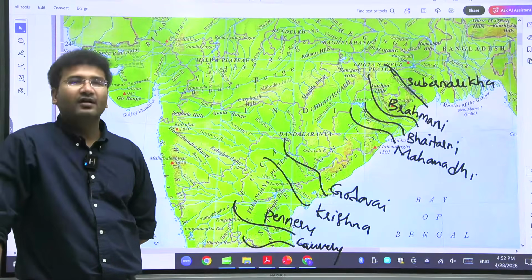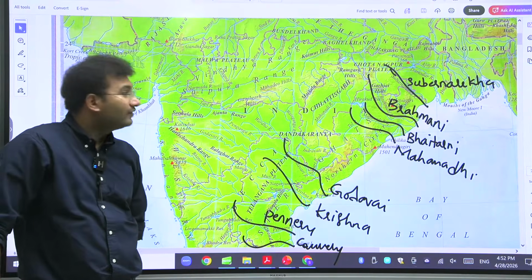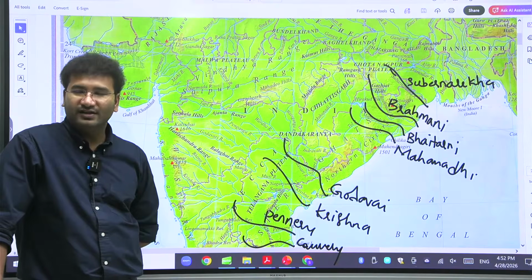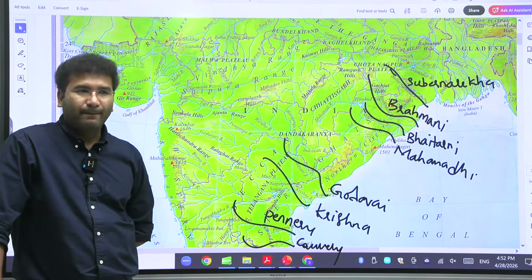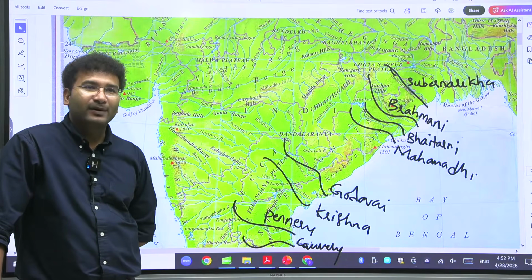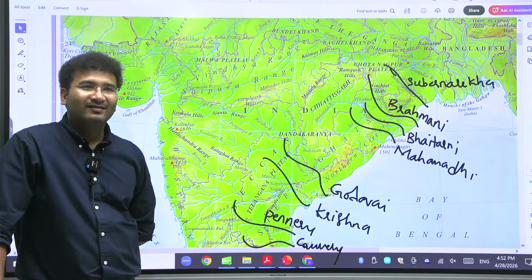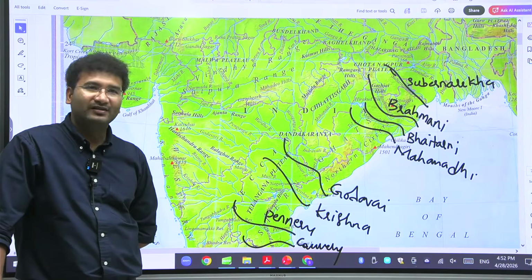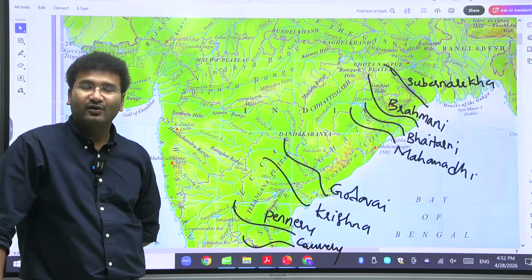Right? Olive Ridley turtles, have you heard? On which river? Baitarani, on the coastal areas of the Baitarani, in Odisha. Crocodile national park on the delta area of this Baitarani, Bhitarkanika.